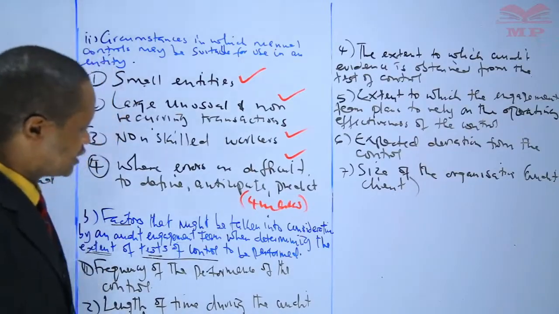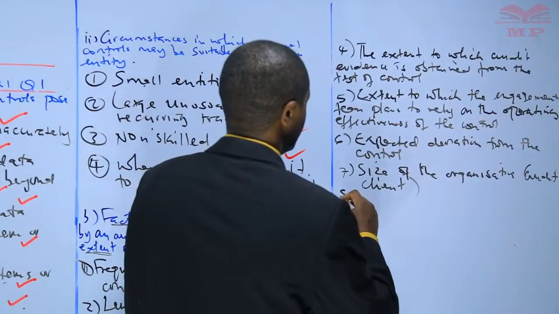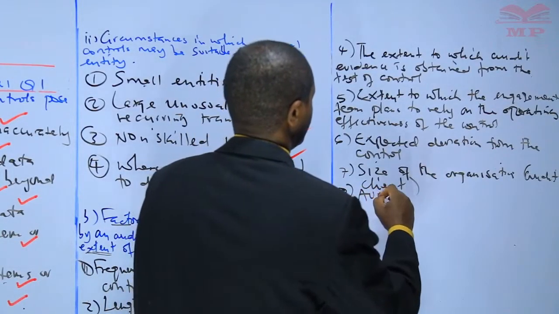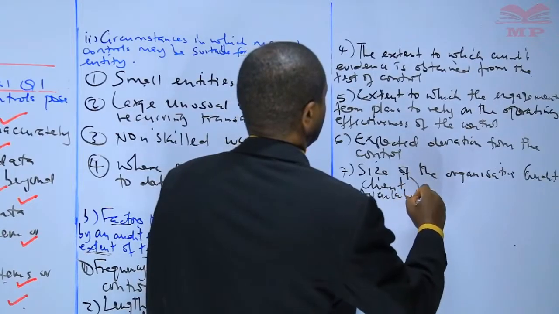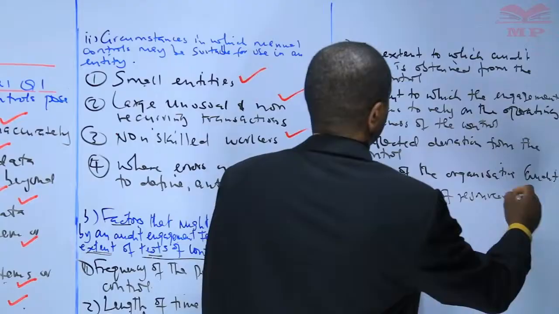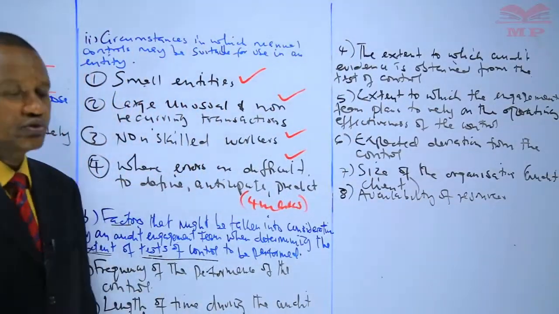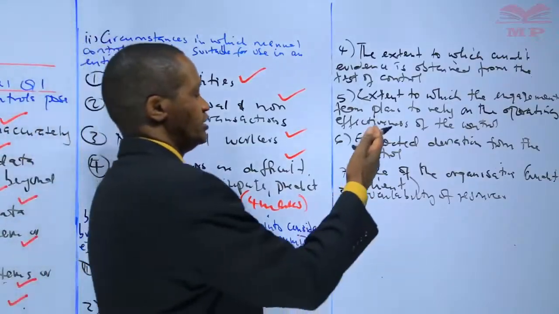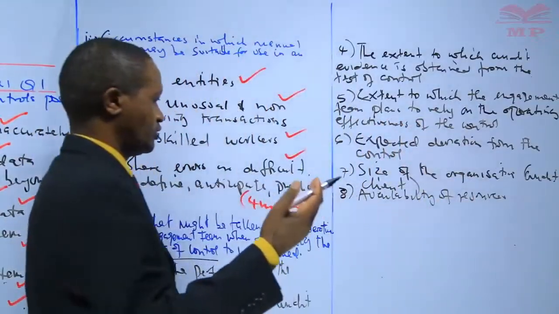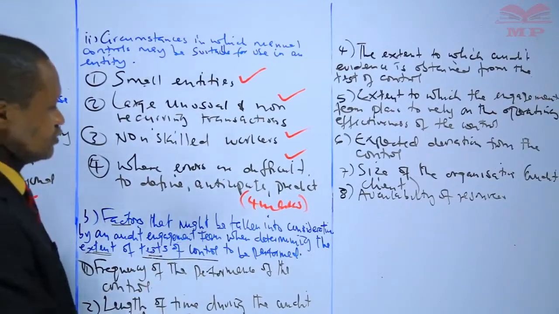Another obvious point, number 8, is availability of resources. These resources could be financial resources. These resources could be human resources. So the availability of resources can determine the extent of tests of control.